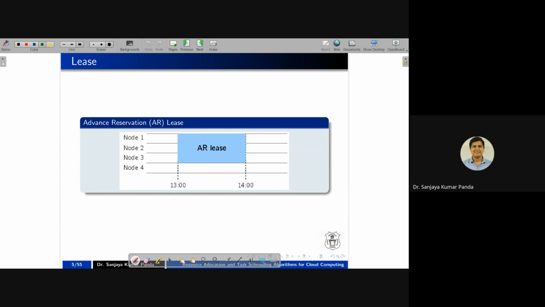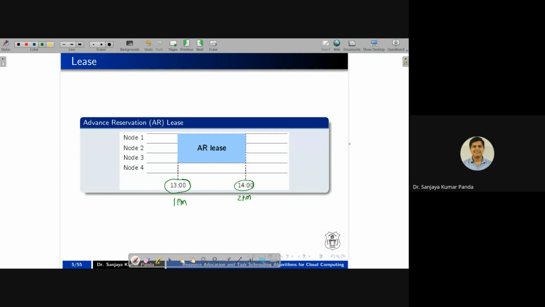For instance, you have booked resources from, let's say, 1 p.m. (13 means 1 p.m.) to, let's say, 2 p.m. How many nodes have you booked here? You have booked 3 nodes in advance reservation mode.